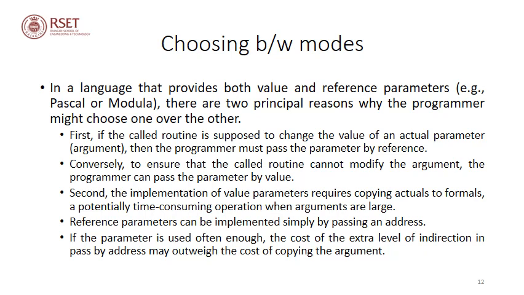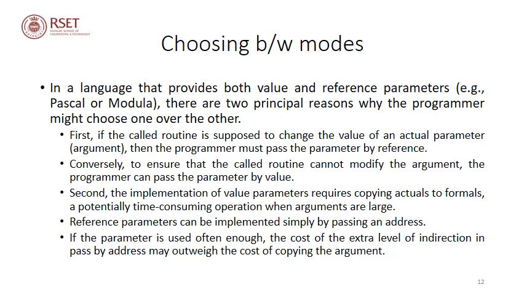Conversely, to ensure that the called routine cannot modify the argument, the programmer can pass the parameter by value. Second, the implementation of value parameters requires copying the value of the actual parameter to the formal parameter, and this is a potentially time-consuming operation when the arguments are large.